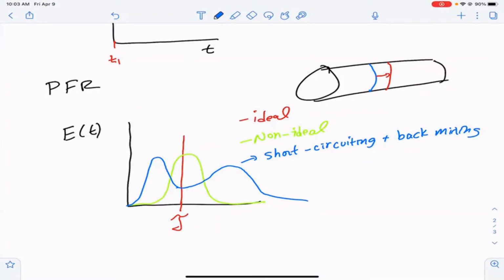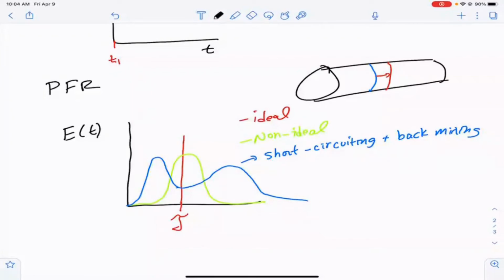And so the question then is, how do we deal with these, right? How do we deal with the fact that we have these distributions of residence time and we have species inside of our reactor that are behaving differently than our assumptions? Well, when that's the case, there are a bunch of approaches that can be tried.